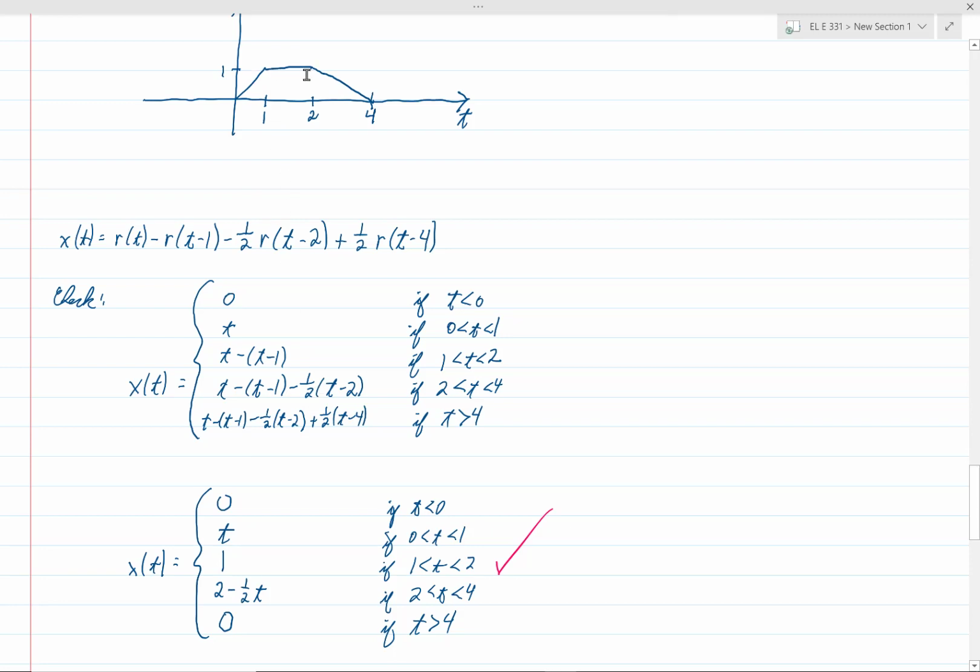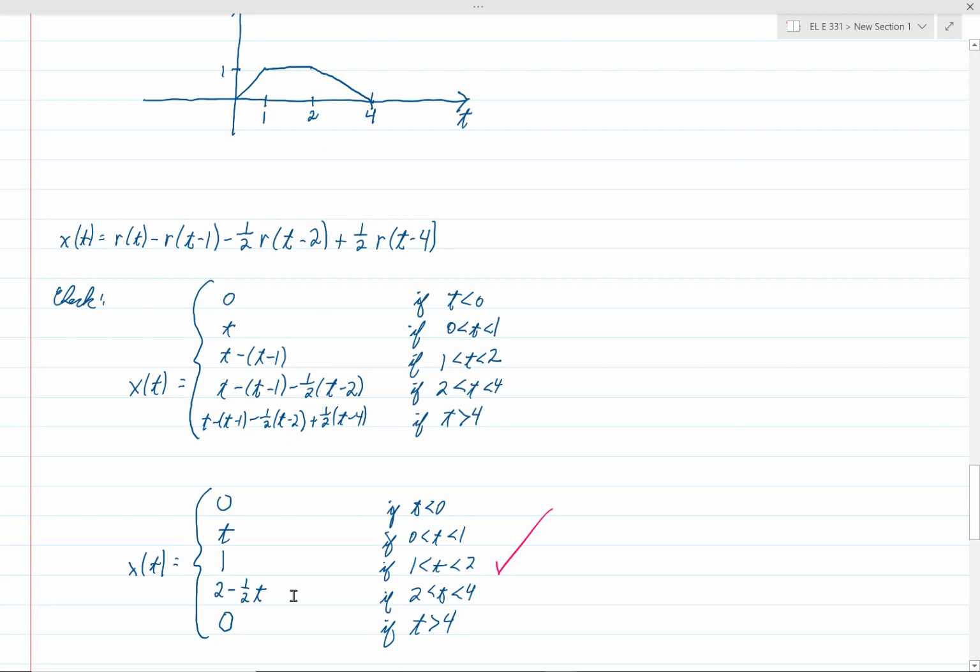The only thing that's tricky is, is this the correct expression for the function when we're between 2 and 4? Well, let's see if it agrees. At t equals 2, that would give us 2 minus 1/2 of 2, or 2 minus 1, which is 1. Okay, that agrees.